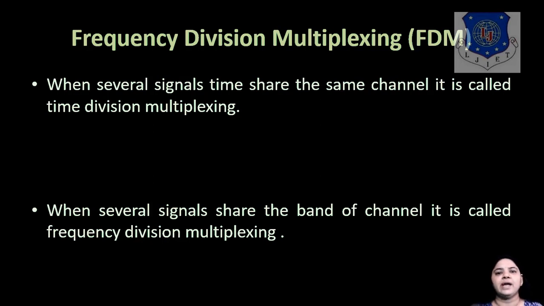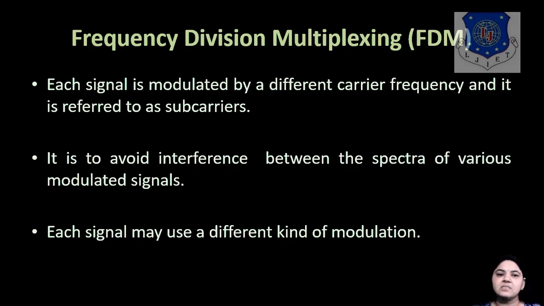Similarly, what is frequency division multiplexing? When several signals share the band of the channel, it is called frequency division multiplexing. In frequency division multiplexing, each signal is modulated by a different carrier frequency, referred to as a subcarrier. One signal is modulated with fc1, another with fc2.